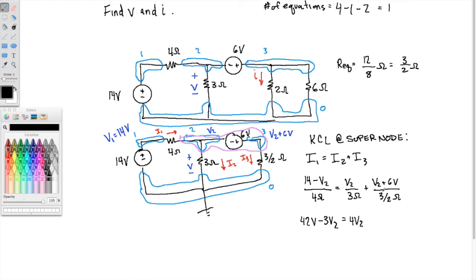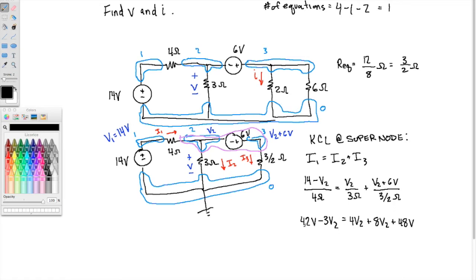Then when I multiply 12 by 3 halves in the denominator, that's like 8. So I've got 8V2 plus 48 volts.